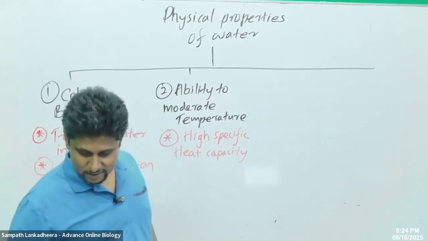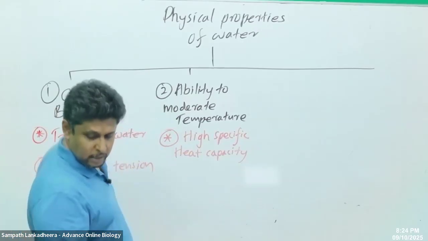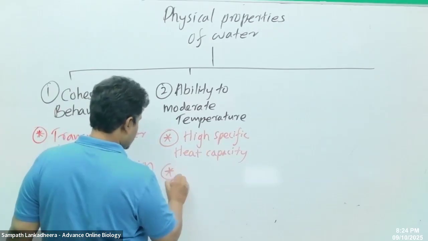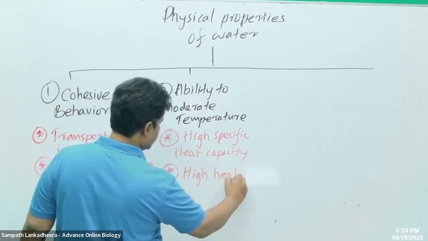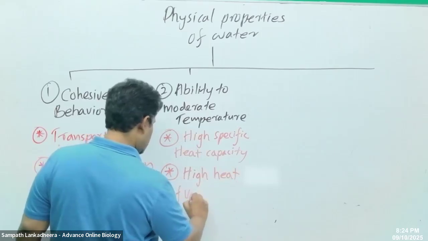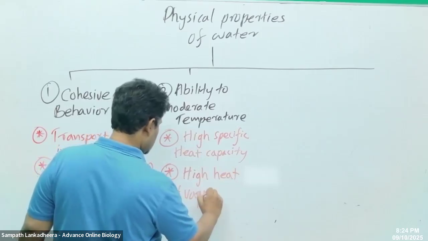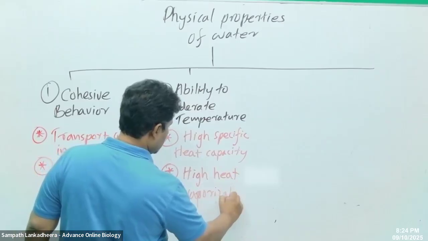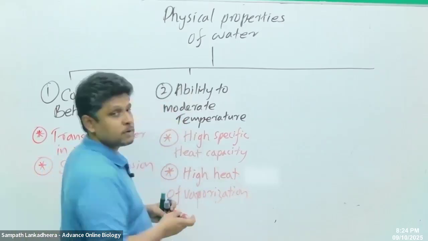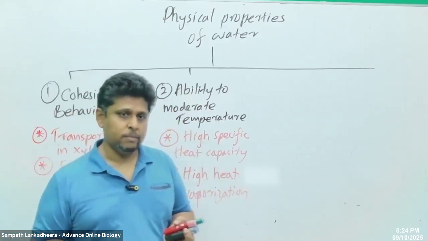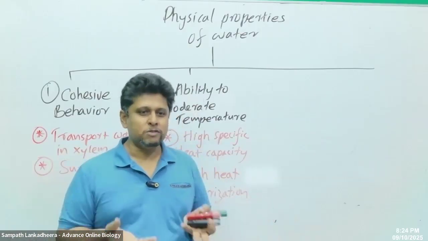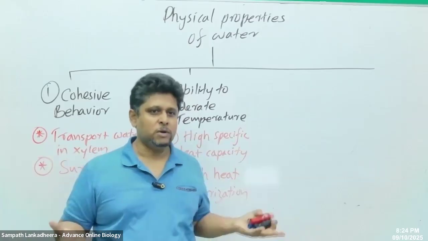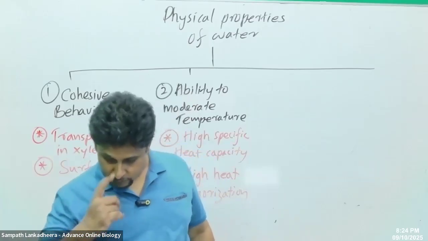Second one, high heat of vaporization. Because of this, with loss of a small volume of water, a large amount of heat can be dissipated from the body. That is what we discussed.